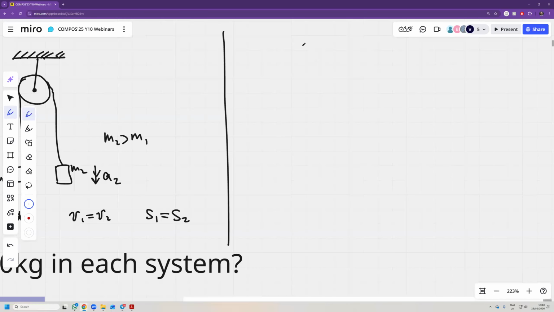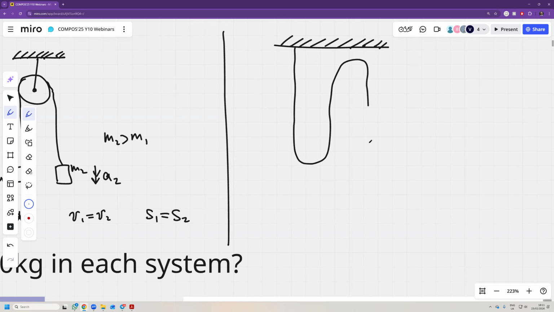So if you have a movable pulley, for example, if this is the ceiling and there is a movable pulley system like this, so there's a pulley here which is attached to the ceiling, and there's a pulley here attached to a mass M1, and there's a mass M2.